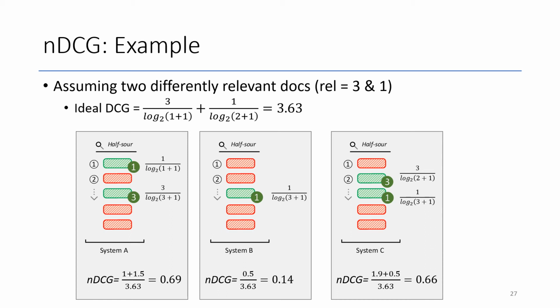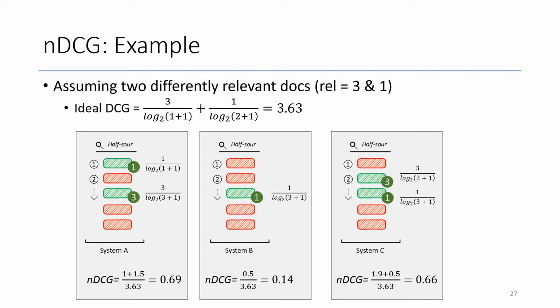So 3 gets position 1, and then the second document with relevance label 1 gets the second position. This is a completely arbitrary value. 3.63 doesn't tell you anything. But if we then use it in the nDCG, it actually starts to make sense.